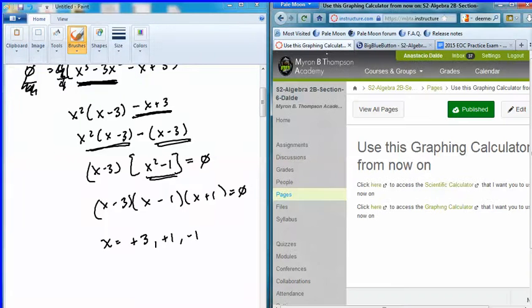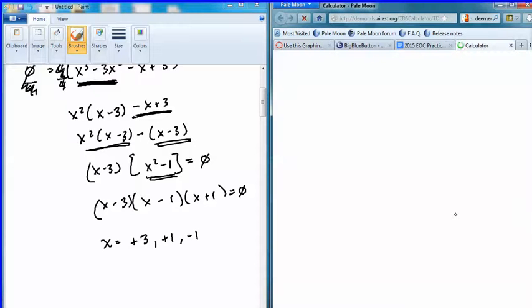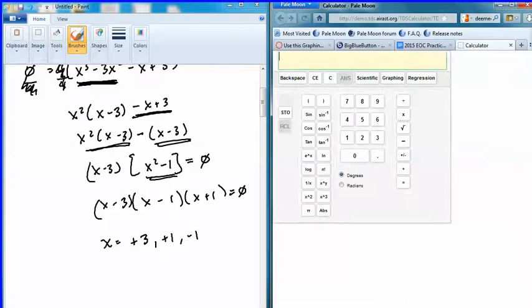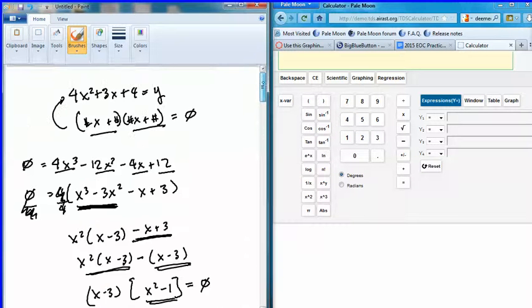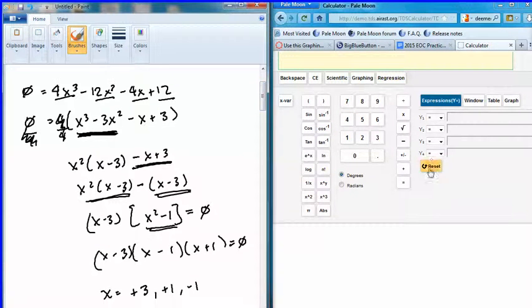Alright, I'm going to jump over to the graphing calculator and I'll prove it to you. Let's go graphing, and this is the actual calculator that you guys are going to be using on your test. So you might want to get to know it. Let me plug in what I want. Let's see, how do I use this again?